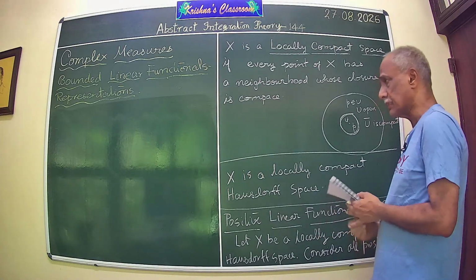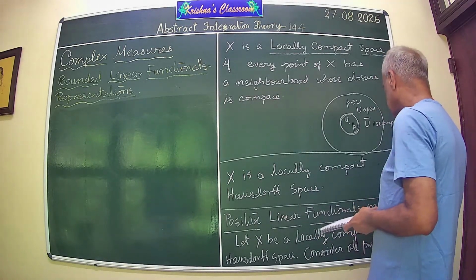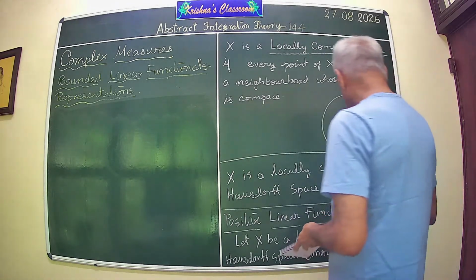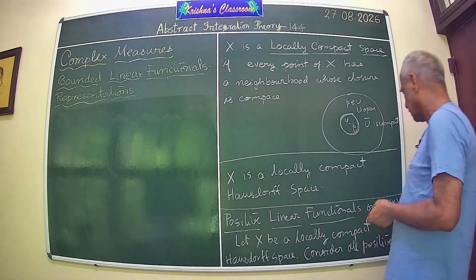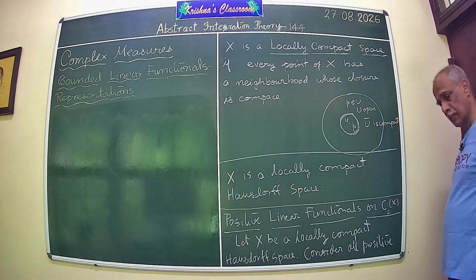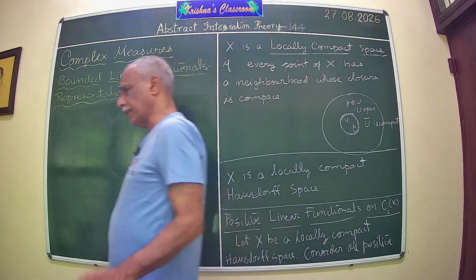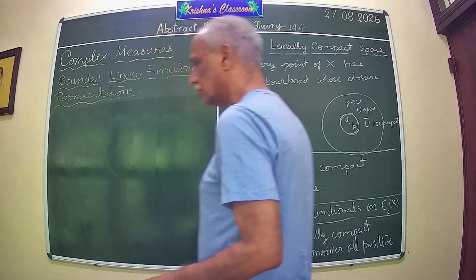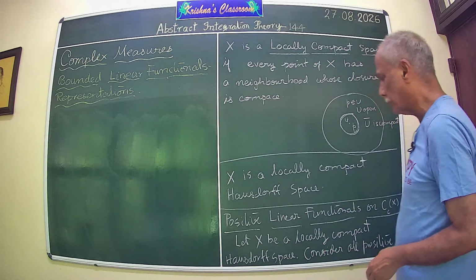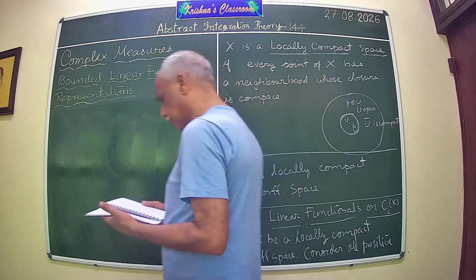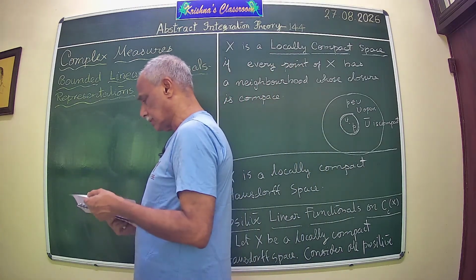What is CCX? Set of all real valued or complex valued functions on X with compact support. Compact support means the set on which the function is not equal to 0 is compact.